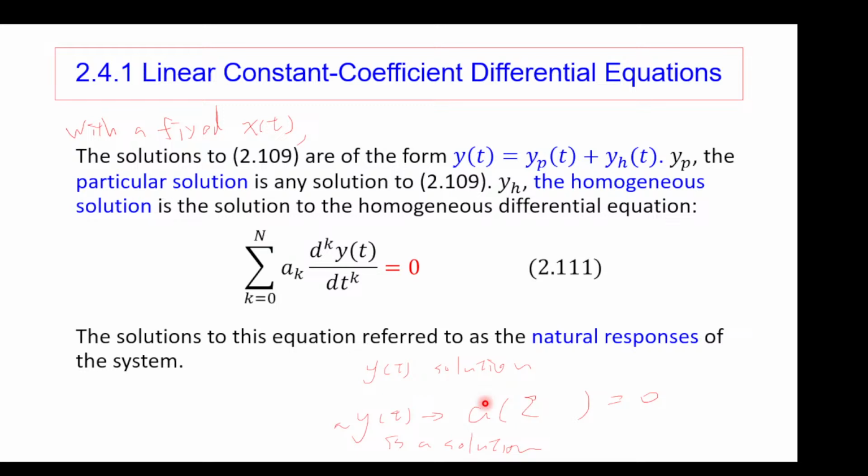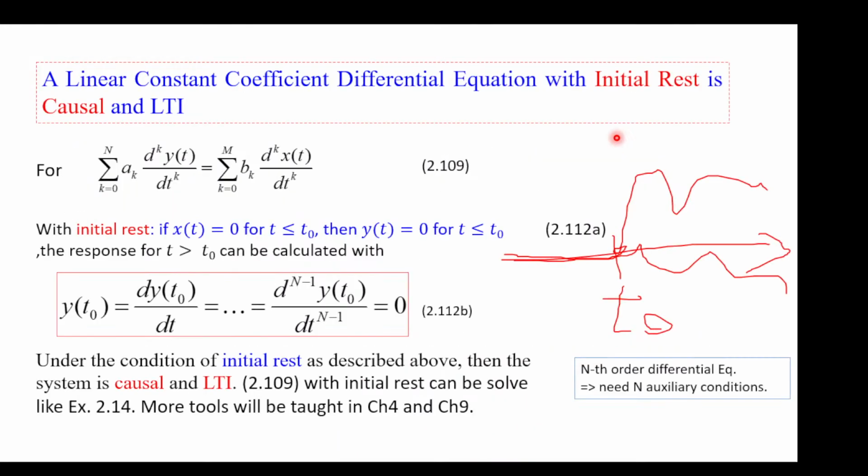If you multiply it by an arbitrary constant, it's also a solution. So if y of t is a homogeneous solution, then a times y of t, for some constant a, is also a homogeneous solution. So your solution is particular solution plus homogeneous solution.